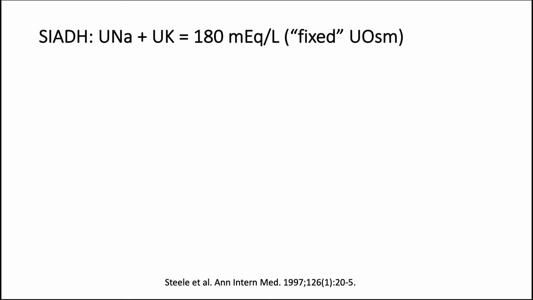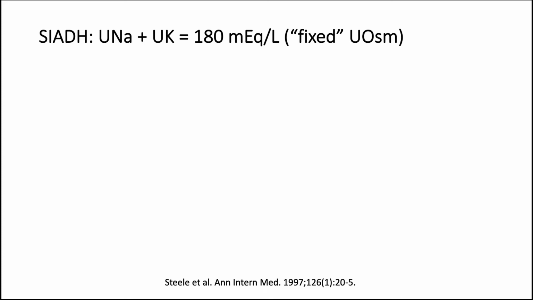Okay? So one thing that you need to understand about SIADH is that patients with SIADH have a fixed urine osmolality, which means that the urine osmolality is going to be high, but also a fixed number. So let's say if it's 600, it will be 600 all the time. This is in contrast to people with no SIADH, let's say normal people, where the urine osmolality will change based on your water intake and your solute intake.